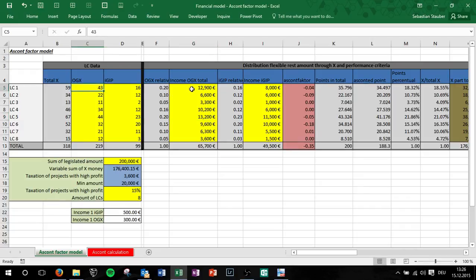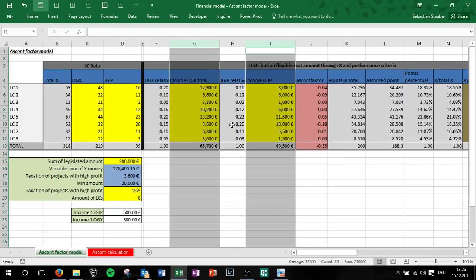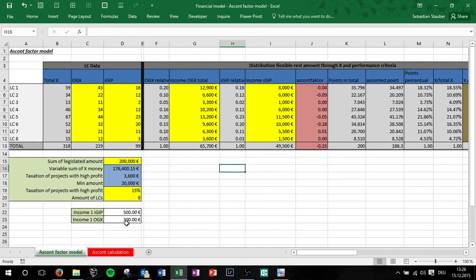What's calculated here is the amount of OGX and the amount of IGIP. If one IGIP and one OGX always cost the same, which most likely is not the case for IGIP, just renew this formula here.